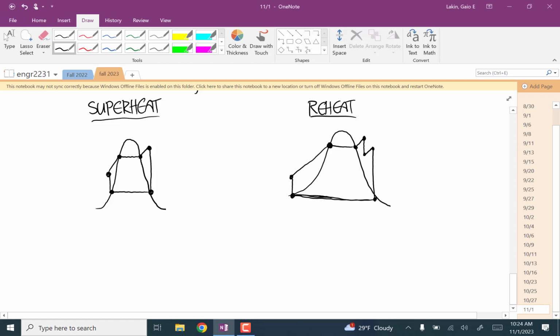And that's because we're going to see that you get better efficiency if you have a higher temperature and a higher pressure coming out of the boiler, going into the turbine. So this is going to be 2 turbines. And with the 2 turbines, we're also going to do this where we get into a liquid vapor mix coming out of the second turbine.